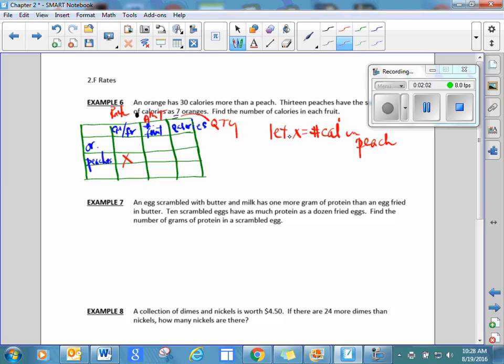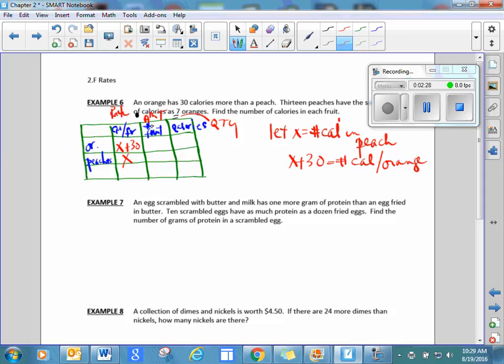So if there's X calories in a peach and an orange has 30 more, then we can represent the calories in an orange with X plus 30. So I can fill that in right here. And it doesn't matter whether you put the peaches first and the oranges second, however you want to set up your table. It turns out the same.